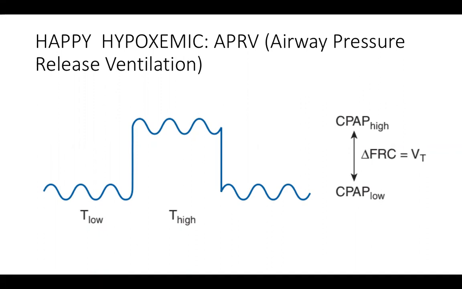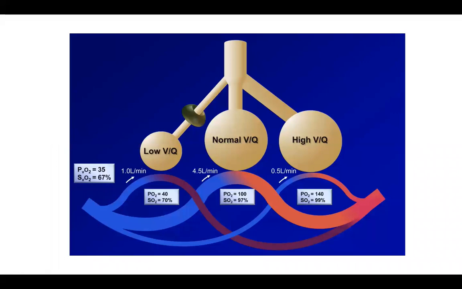Next slide. The advantage of APRV is that, as we saw in this drawing before, we're going to recruit the atelectatic alveoli where the vessels are still dilating in the coronavirus patient. So even though they don't have that much atelectasis, we're still going to increase the PO2 by a lot just by recruiting these alveoli.